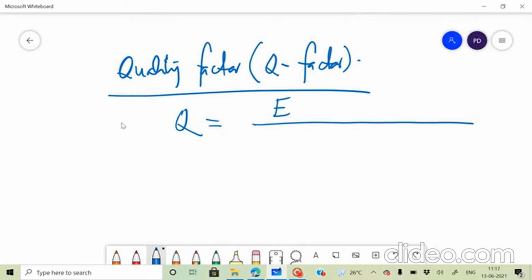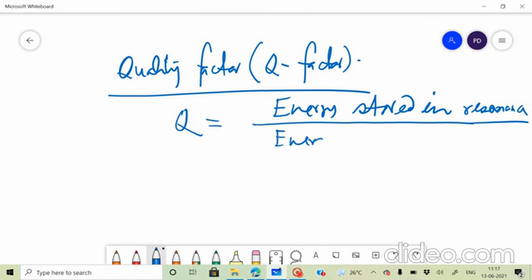It is a ratio of energy or power stored in resonance divided by energy or power dissipated at resonance.